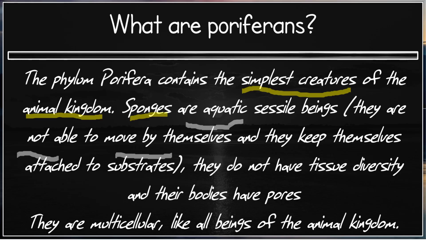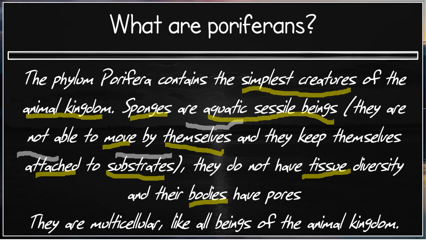Sponges are aquatic sessile beings, meaning they are not able to move by themselves, and they keep themselves attached to substrates. They do not have tissue diversity, and their bodies have pores. They are multicellular, like all beings of the animal kingdom.